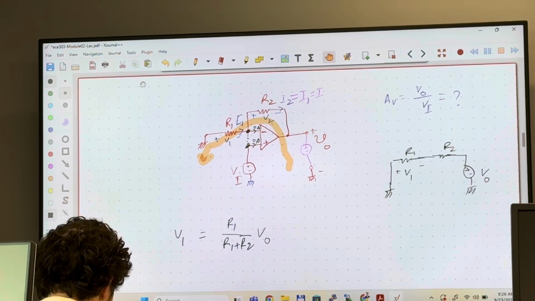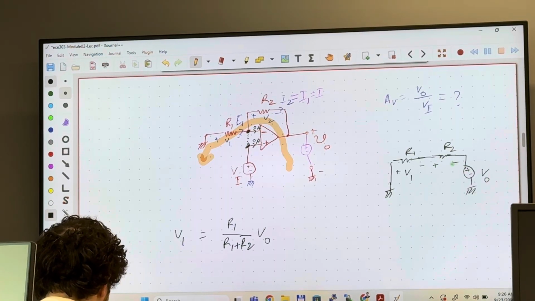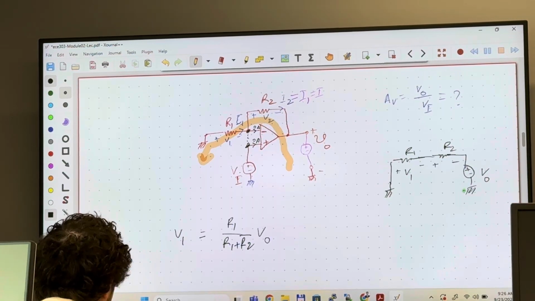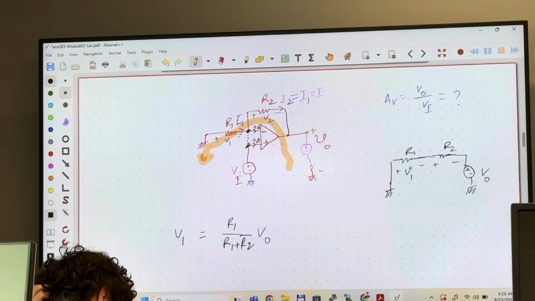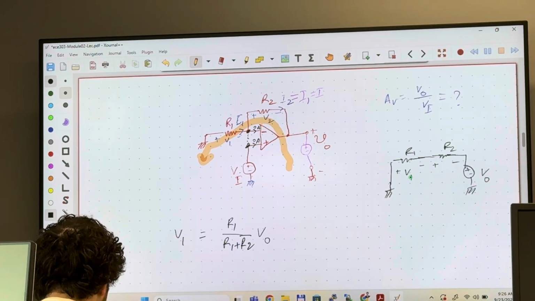So we have simply a voltage division principle here. Positive here, negative here, I put positive, negative here. Guys, look, because this guy said that I want to put positive here, negative here, and here I have positive, negative here.